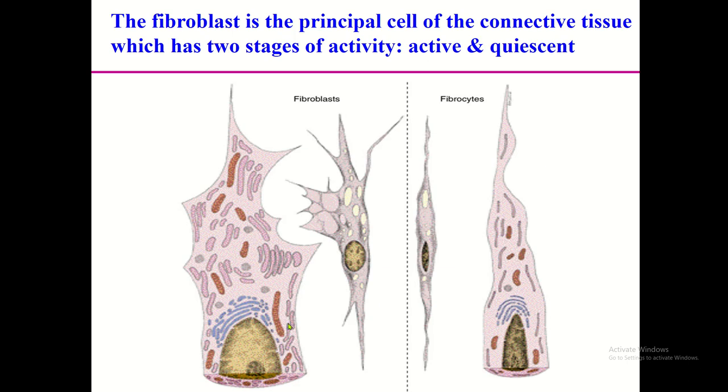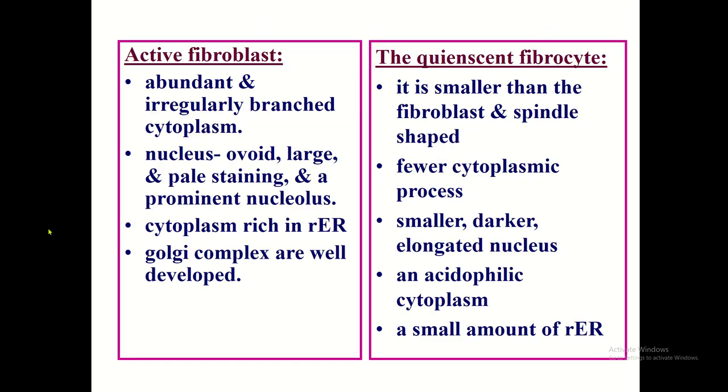Fibroblast is the principal cell of the connective tissue, which has two stages of activity, active and inactive. Active fibroblasts contain abundant irregularly branched cytoplasm, and an ovate, large, pale-staining nucleus with a prominent nucleolus. Cytoplasm is rich in rough endoplasmic reticulum, and the Golgi complex is well developed.